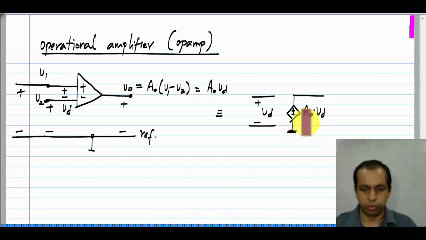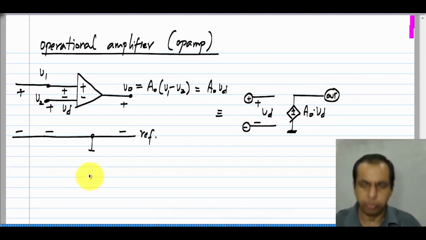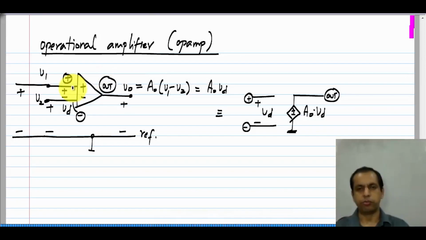This is not a connection that you make. So, these three terminals are available to you. This is denoted plus, that is denoted minus, and this is the output. This is the plus terminal as it is marked inside, this is the minus terminal as it is marked inside, and that is the output terminal. So, this is what an Opamp is. It is a voltage controlled voltage source.